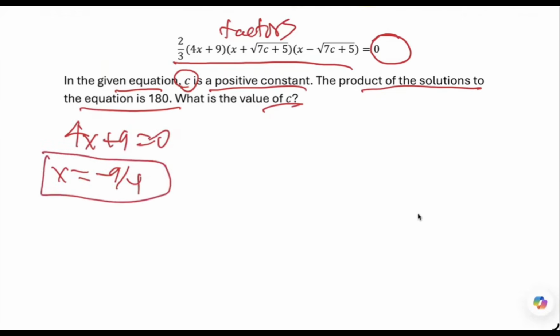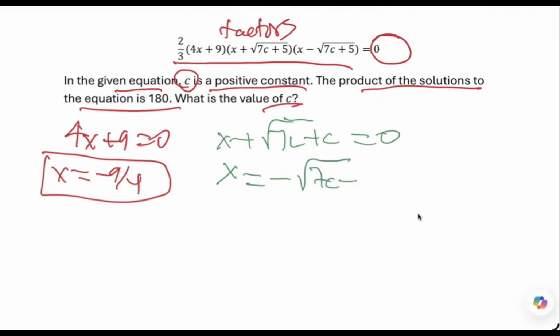That is the strategy. x plus square root of 7c plus 5 should give you 0. That is the second factor. That means x is equal to negative square root of 7c plus 5. That is the second one. The third one is the same thing. It's just the negative changes.